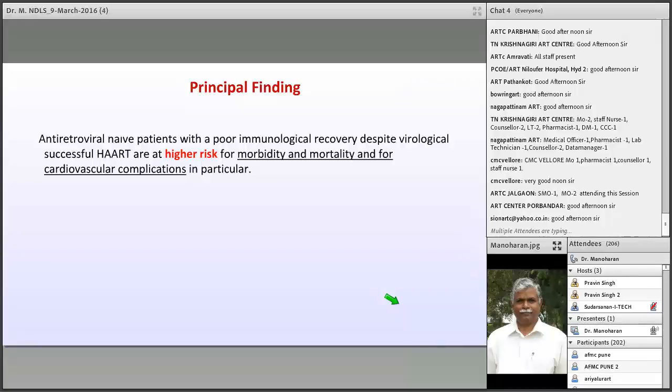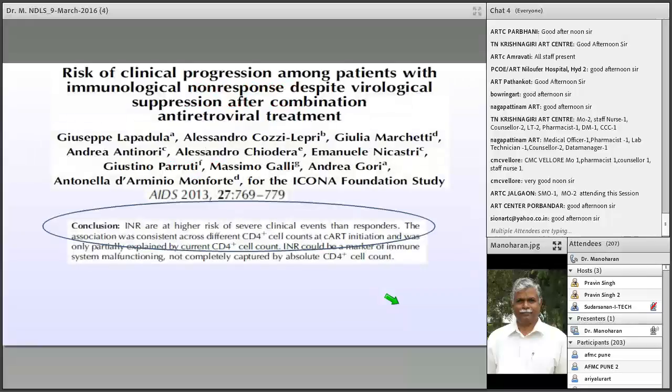So all these studies clearly say that poor immunological response is responsible for higher mortality and higher AIDS related events, non-AIDS related events and cardiovascular mortality. And another study on immunological non-responders says higher risk of severe clinical events than responders.